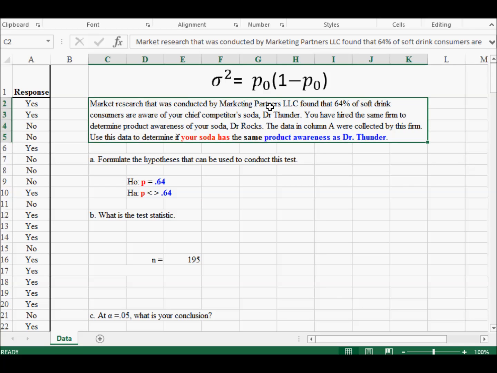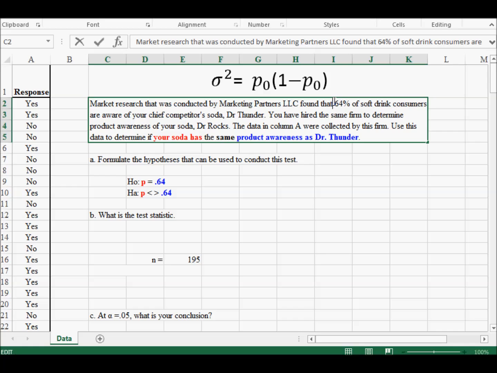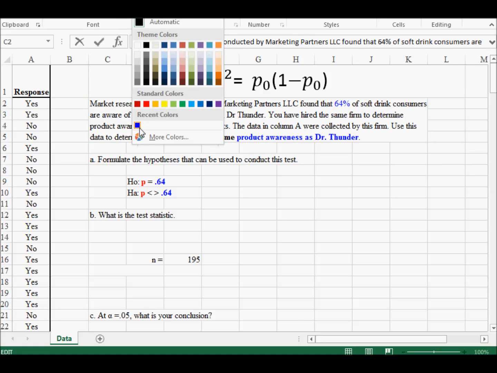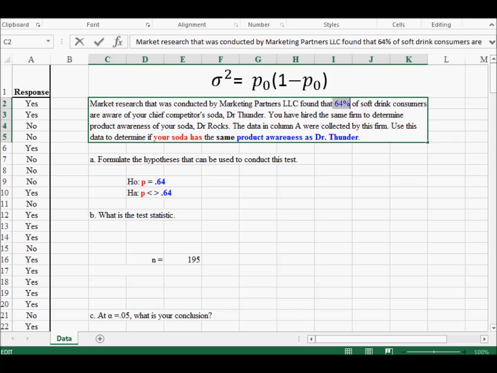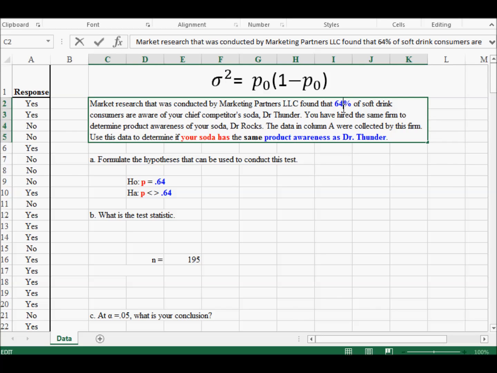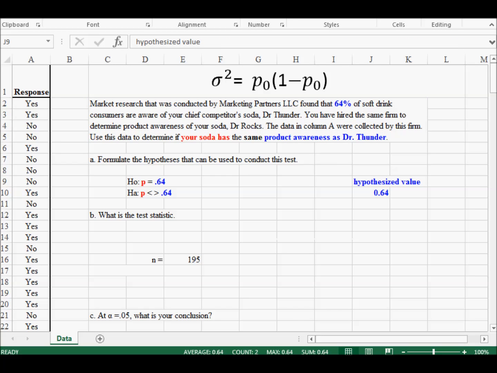Let me go back up here and make the 64 blue and bold, because that 64 is what we're talking about here. With a hypothesized value in cell G10, I'm going to restate the null hypothesis and the alternative hypothesis in equivalent forms.